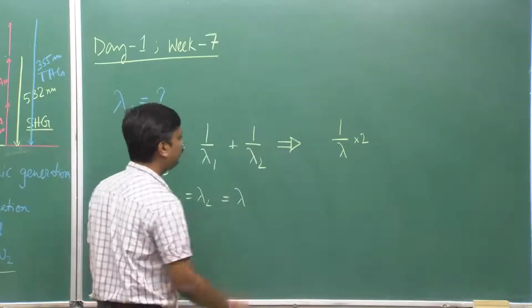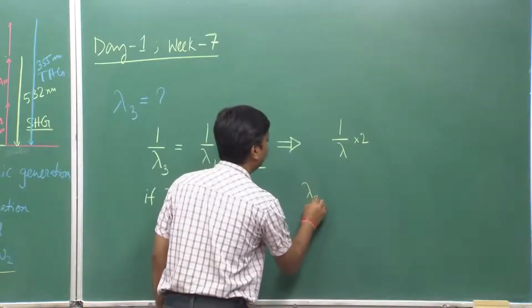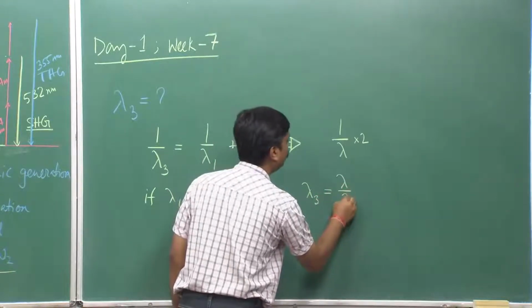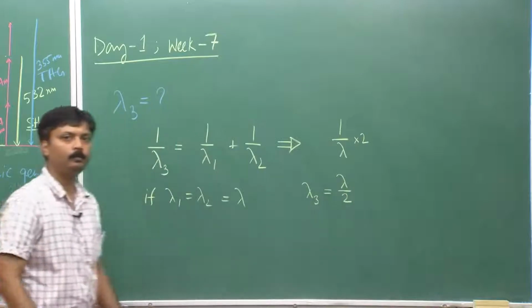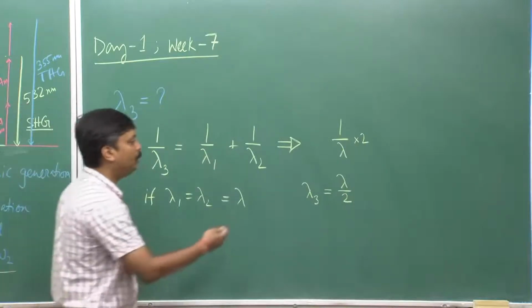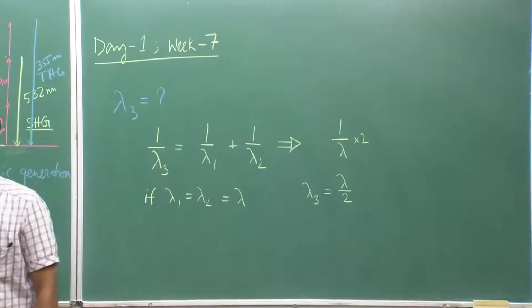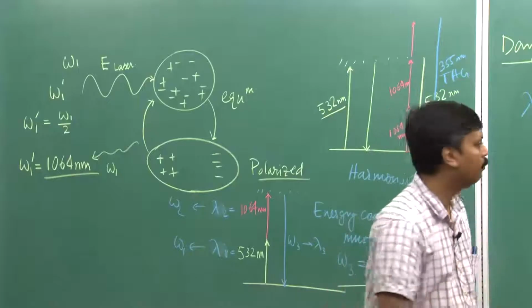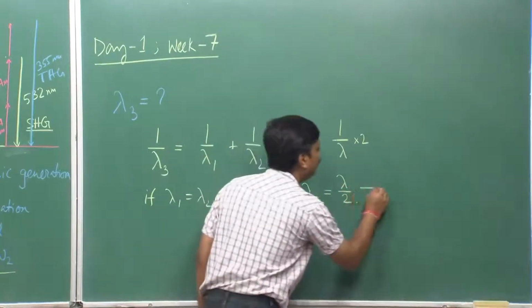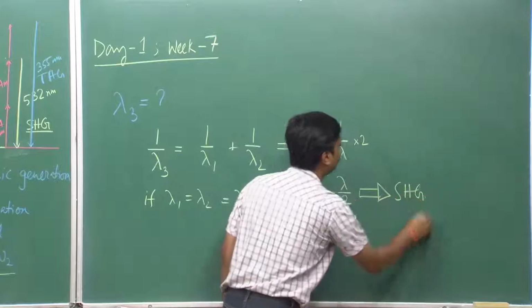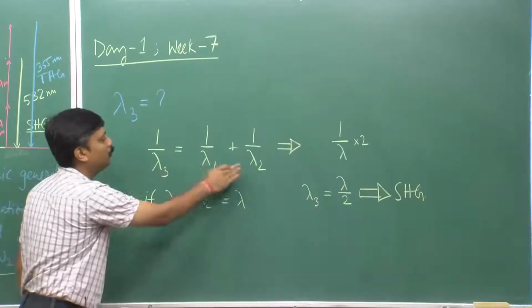So, essentially my lambda 3 is equal to lambda by 2. Lambda by 2 means essentially twice the frequency. So, that means that is a second harmonic process. So, this will give me second harmonic generation when lambda 1 equals lambda 2.